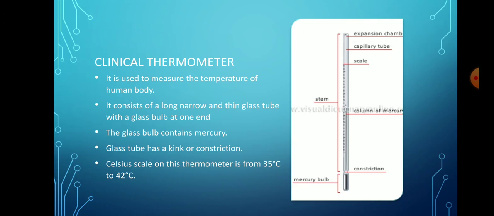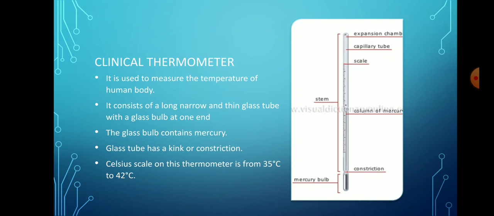This kink prevents the backflow of mercury, which makes a doctor to use this thermometer in an easy way. That is, when he has to measure the temperature of his patient's body, he can remove the thermometer away from the patient's body and can measure the temperature, as this constriction or the kink prevent the mercury from backflowing.